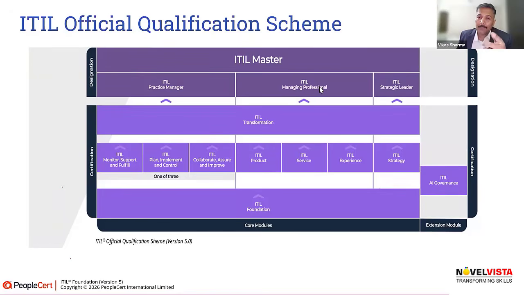So for managing professional, you will have to do that transition course. Transformation is for strategic leader and for practice manager. For practice manager, do any one of these, and transformation you already have. So you will become practice manager on version 5 also. Right. Okay. Perfect.